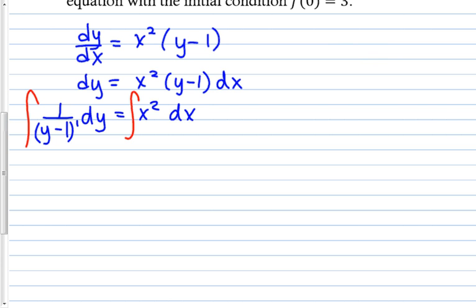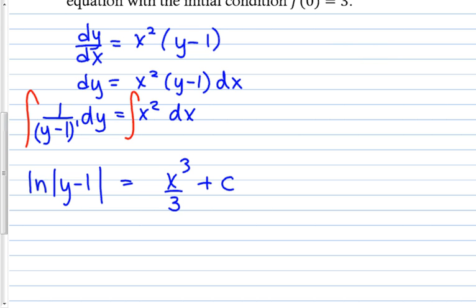So if I add 1 to that, it becomes 0. Whenever I have that, that's my cue to say, oh, the integral of this is the natural log of y minus 1. Then x squared becomes x cubed divided by 3 plus c.